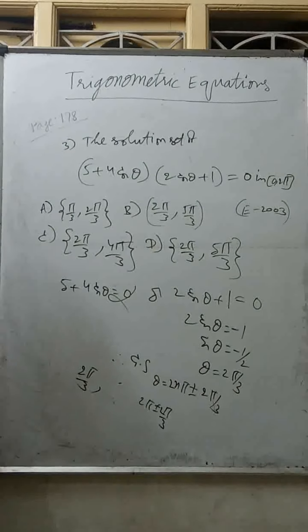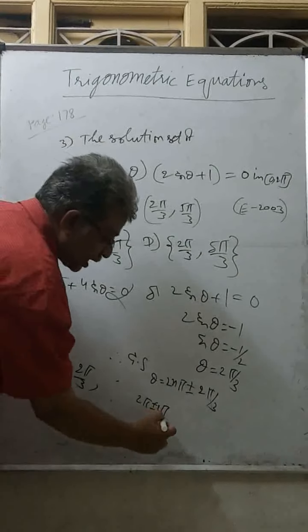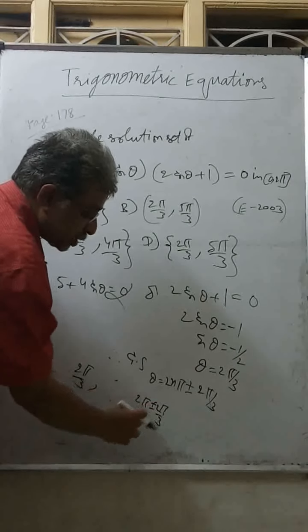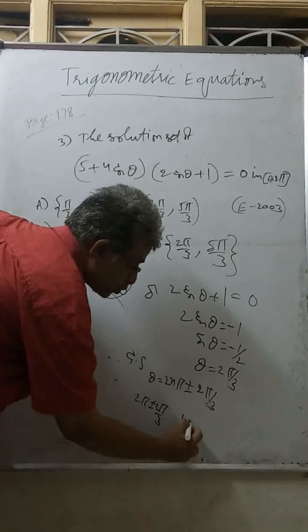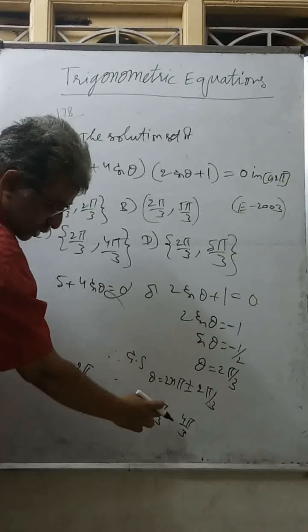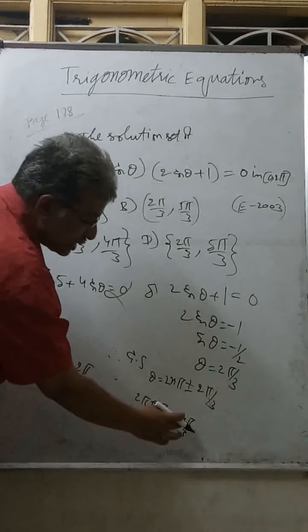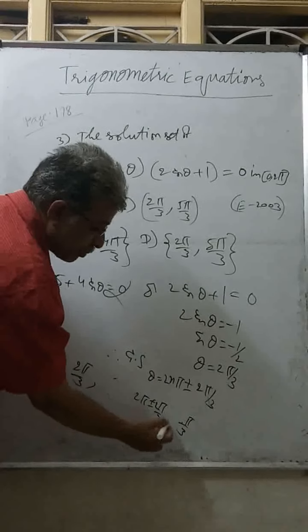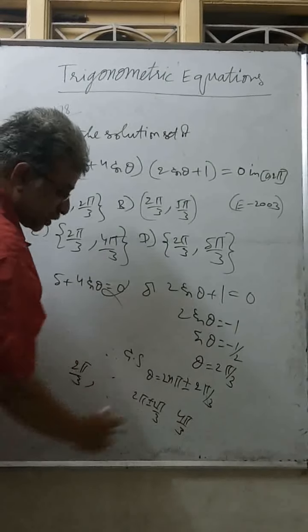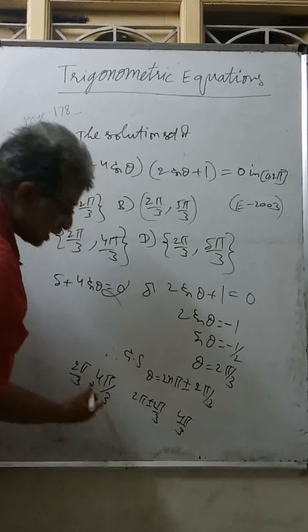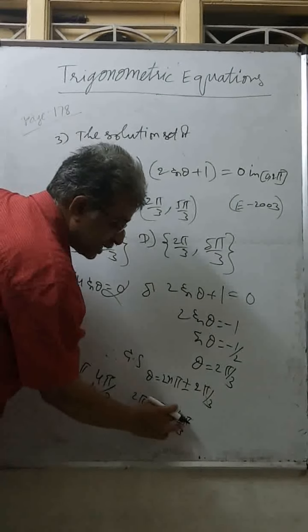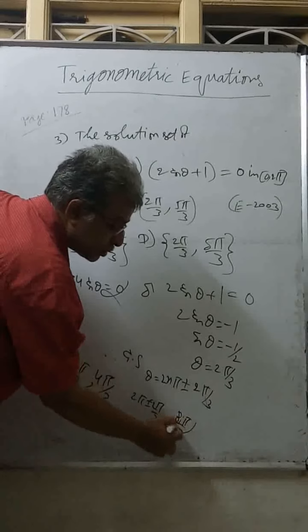If I take the LCM, which is 3, then 6 pi minus 2 pi becomes 4 pi by 3. And if I take plus, 6 pi plus 2 pi is 8 pi by 3. 8 pi by 3 is more than 2 pi, so this is not possible.